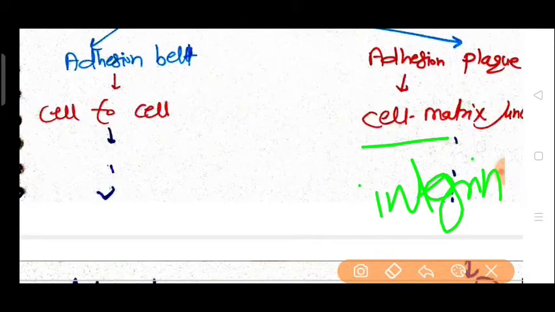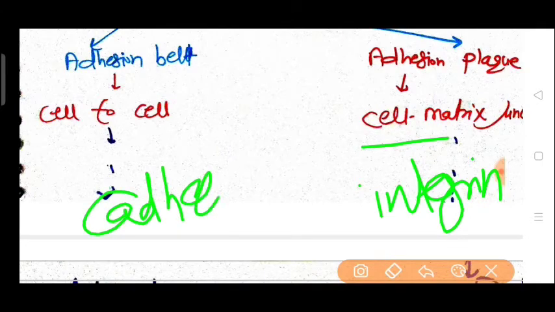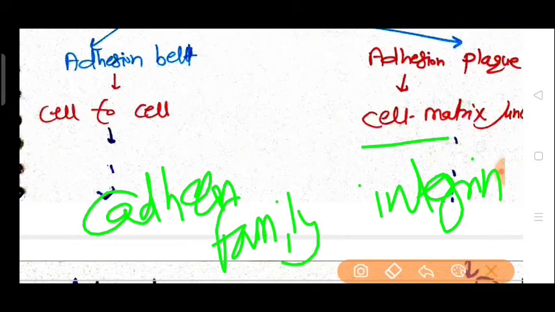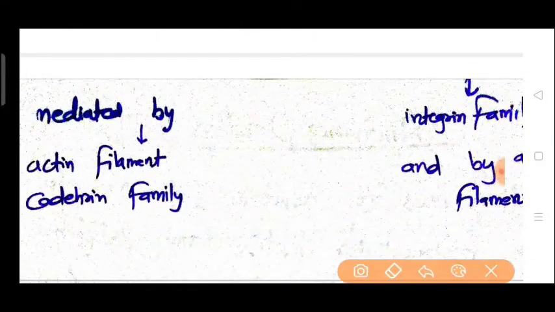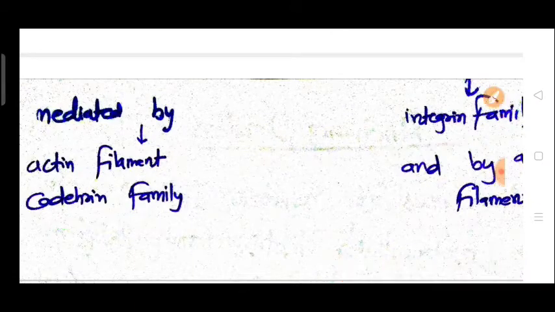The adhesion belt belongs to the cadherin family. You need to write this down. These are very basic differences. The adhesion belt, or zonula adherens, is mediated by actin filament and the cadherin family, while the focal contact is mediated by the integrin family. This is all about adherent junctions.